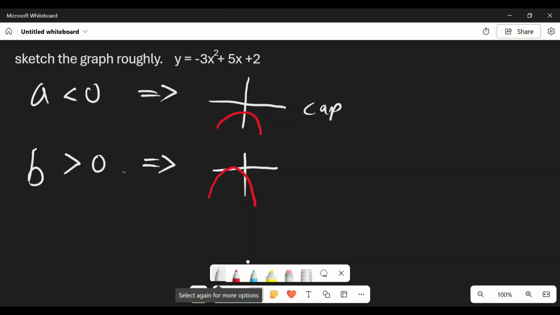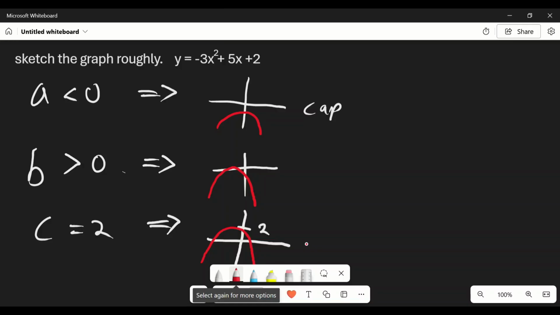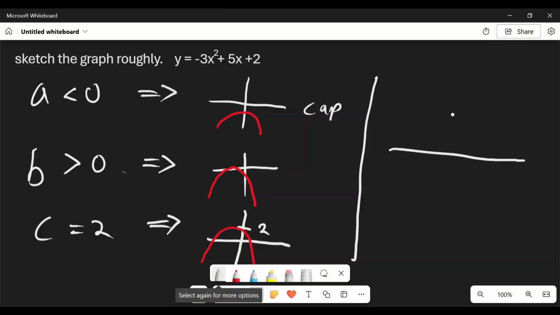We found that c equals 2, which implies it intersects the y-axis at 2. Then we can sketch the graph. Probably it looks like this.